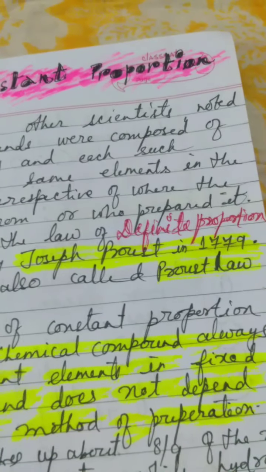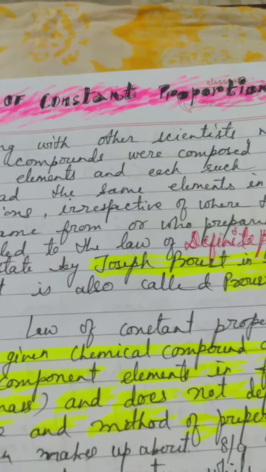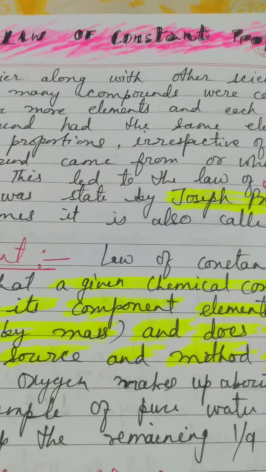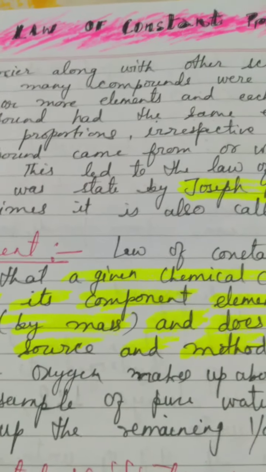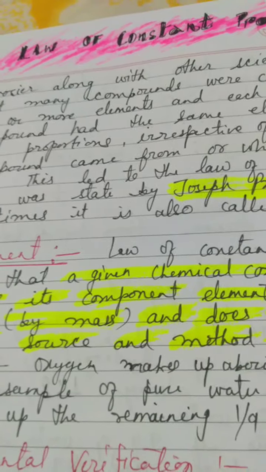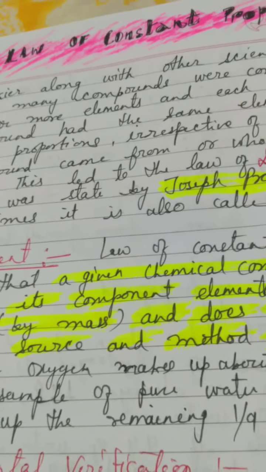I am telling you again that this was the observation of Lavoisier. He could not perform many experiments over it, but it was the thought of Lavoisier, and the work was of Joseph Proust. He started studying only the compounds, not the chemical combination, boys.